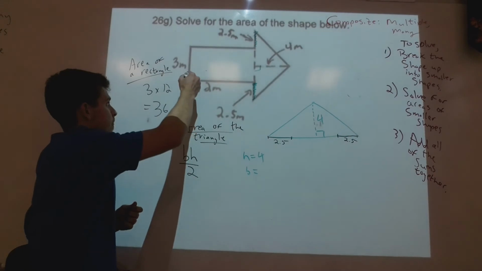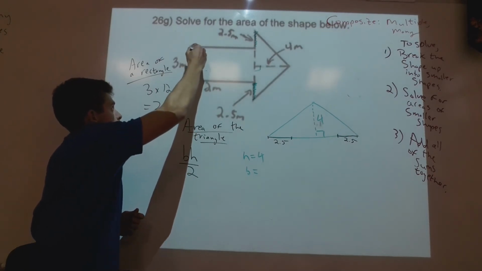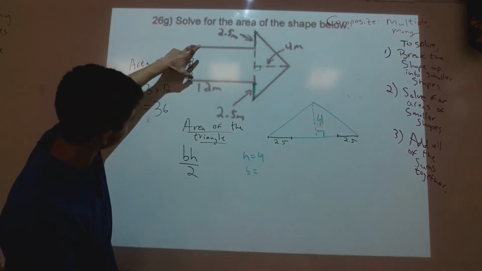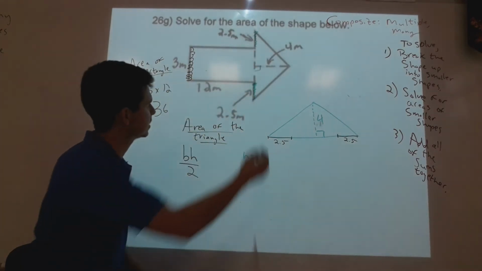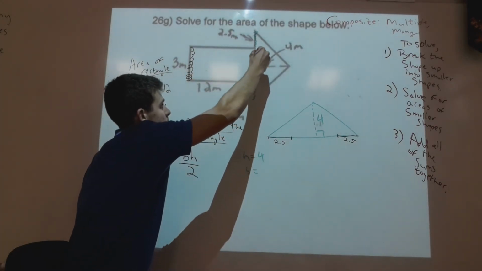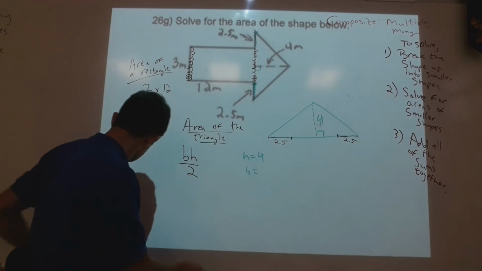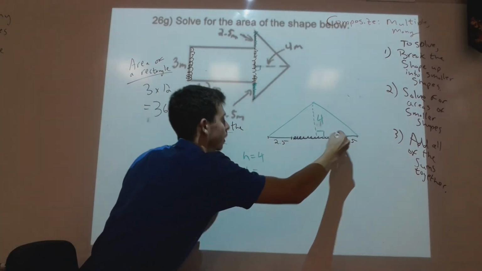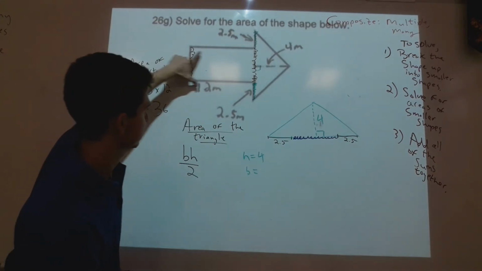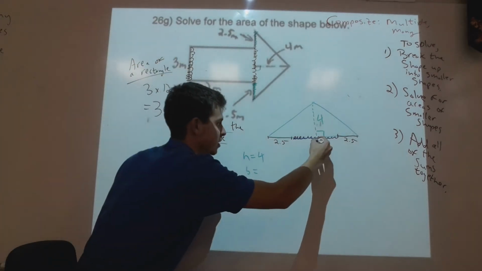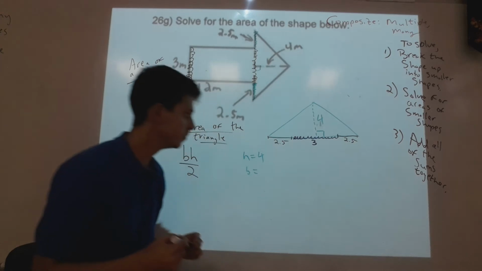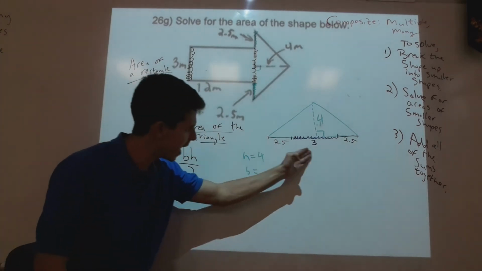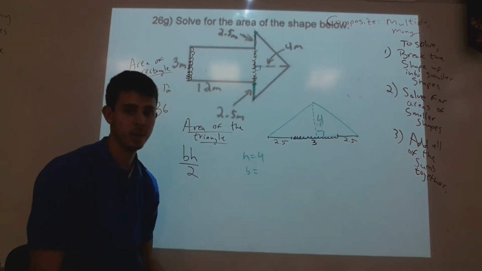So if we take this and we stretch it all the way across, it's the same distance as this right here. So this distance is 3 meters. So I know that this is also 3 meters. Now all I need to do is add up these 3, and I've got my base.